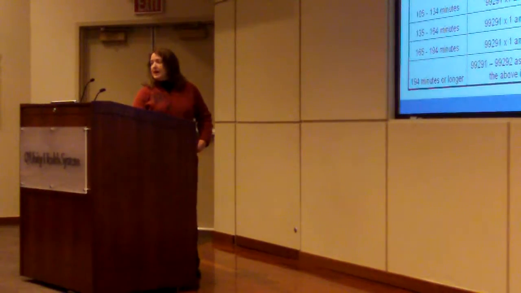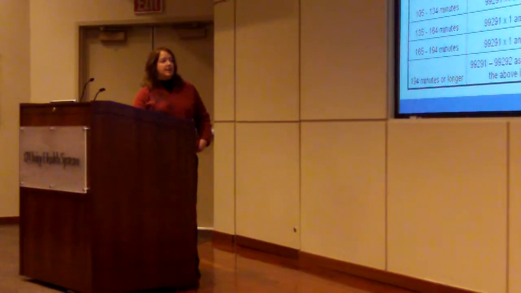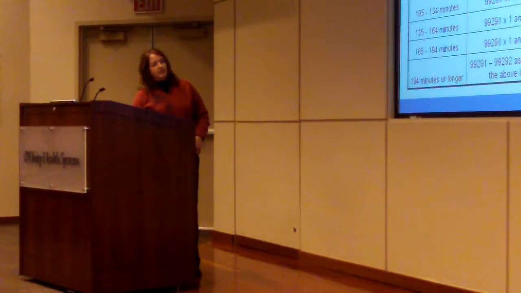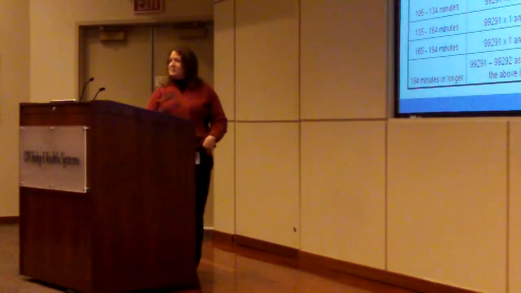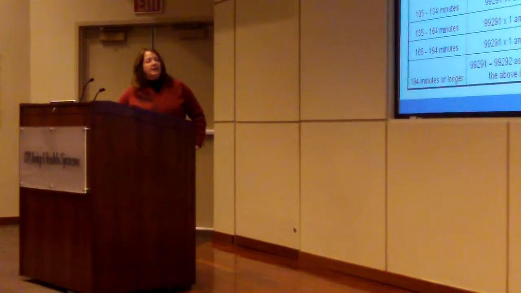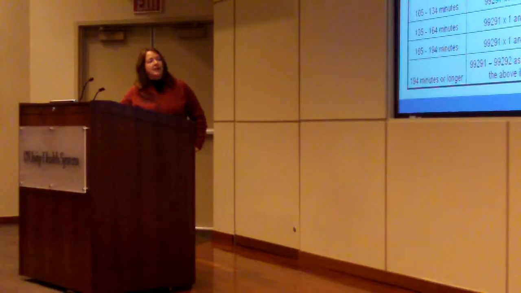We base it on the key components: the history of the present illness, the exam, and your medical decision making. But if it gets into 30 minutes or more, we take the first 74 minutes, the first 90 minutes. It's broken out, we round up past a certain point, it's 99291, and then each additional 30 minutes gets another code for each 30 minutes that we meet, and that's the 99292.